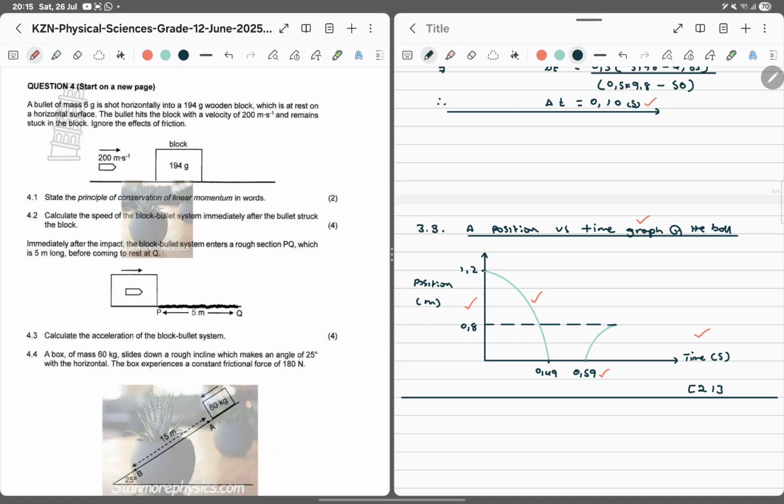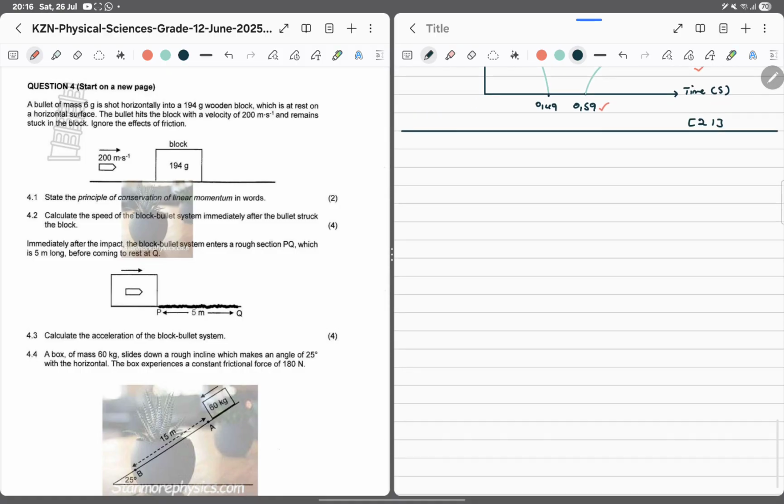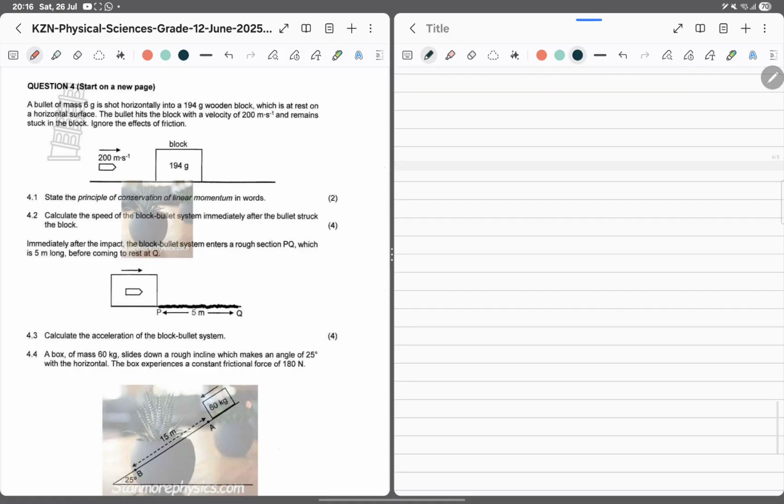Anyway, let's look at this question 4. So question 4 says, a bullet of mass 6 grams is shot horizontally onto a 194 gram wooden block, which is at rest on a horizontal surface.